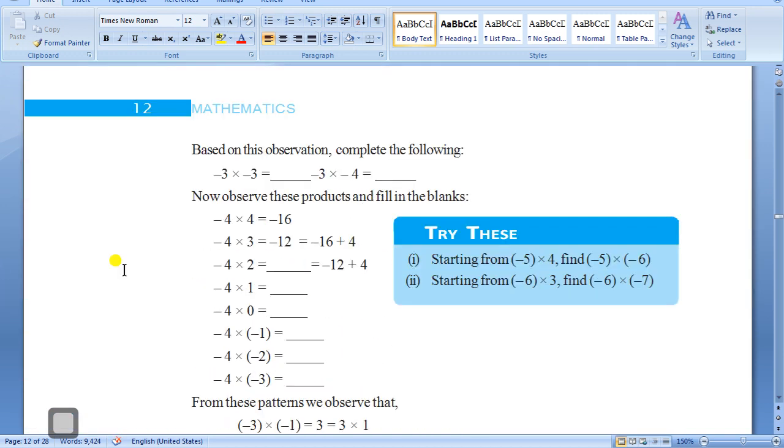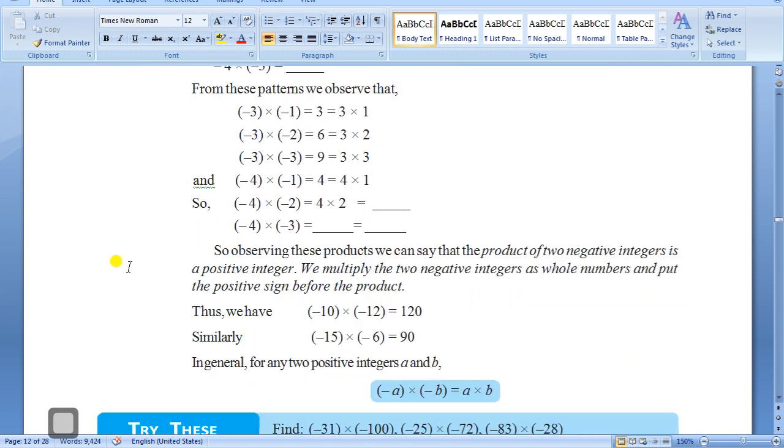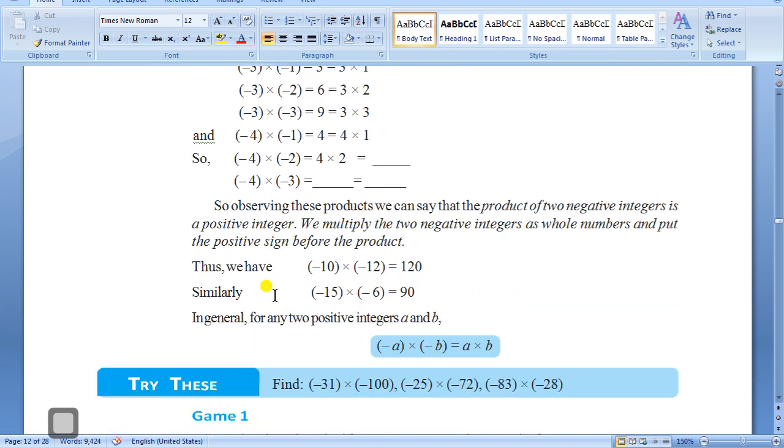Do you see any pattern? Observe how the products change. Based on this observation, complete the following, right?